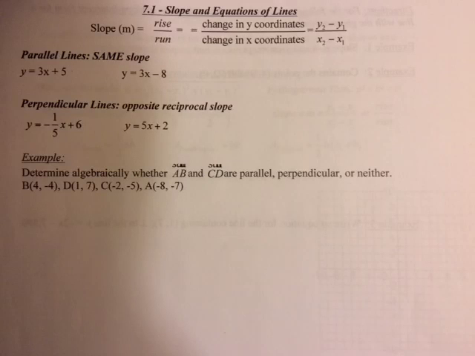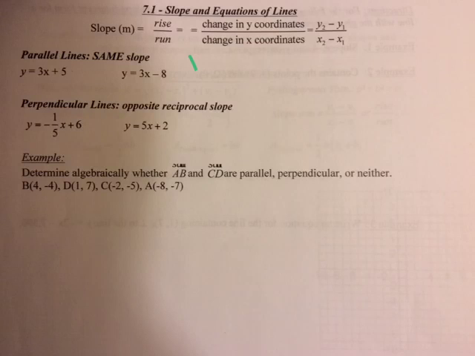In this section of notes, we're going to focus on the slopes of parallel and perpendicular lines. The slope of parallel lines, if you look at this first section, have the same slope.